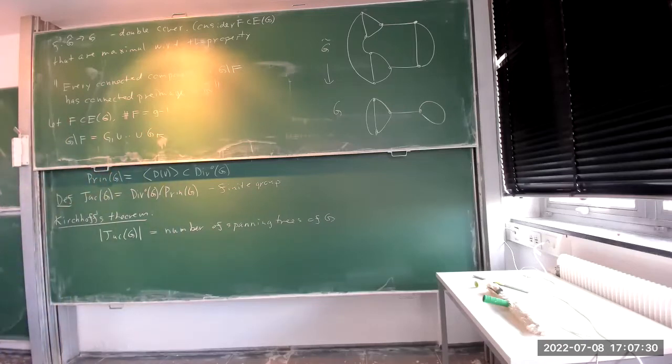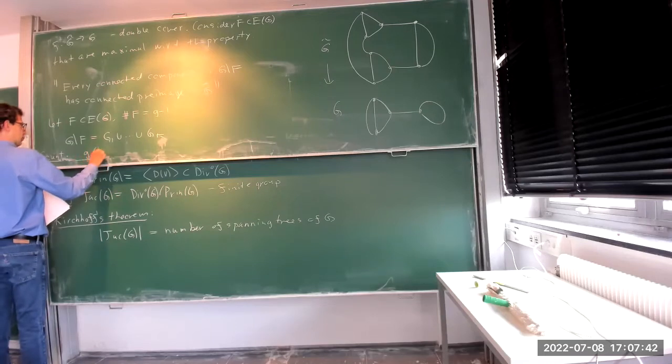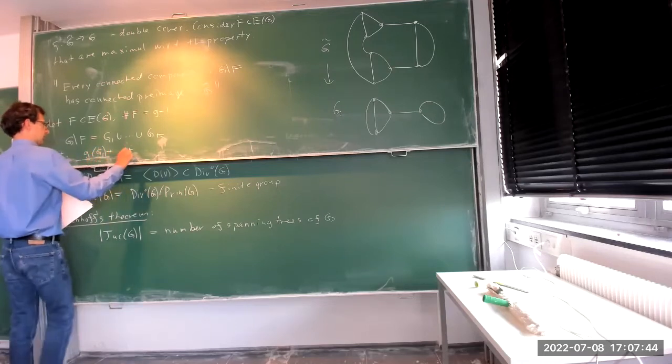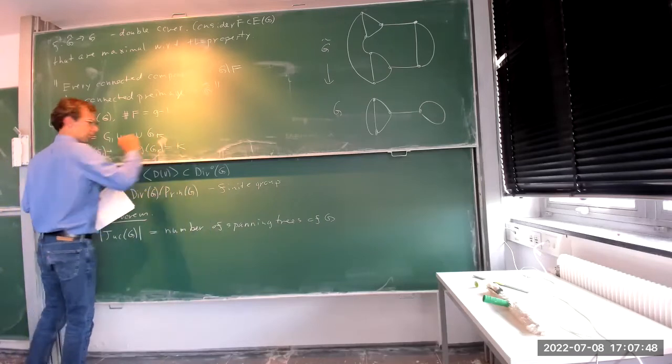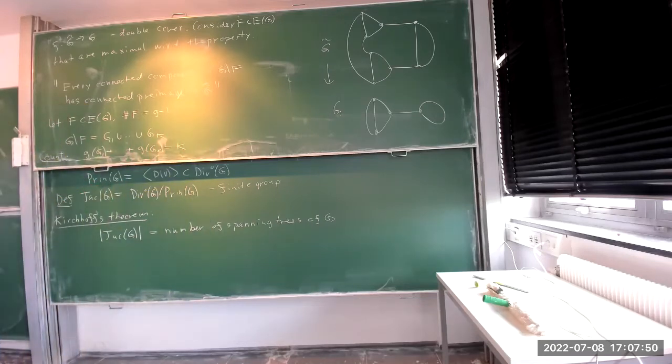And then it's an easy calculation to do that the sum of the genera of these G_i is equal to k. The quantity b1 minus 1 is additive in connected components.